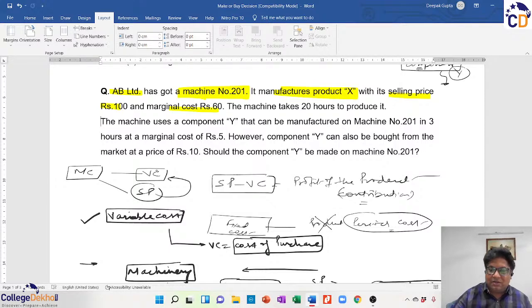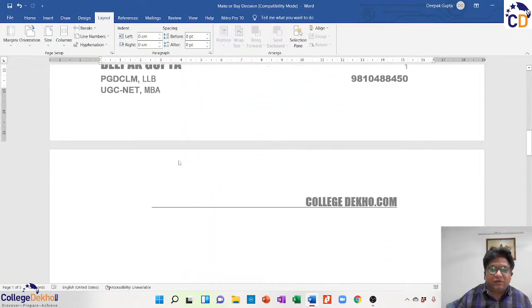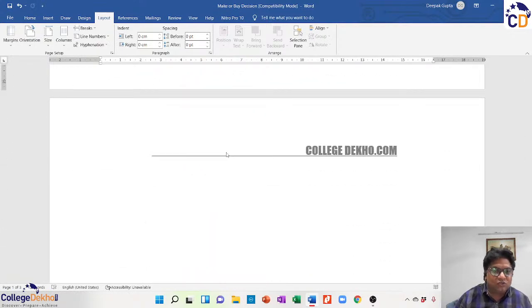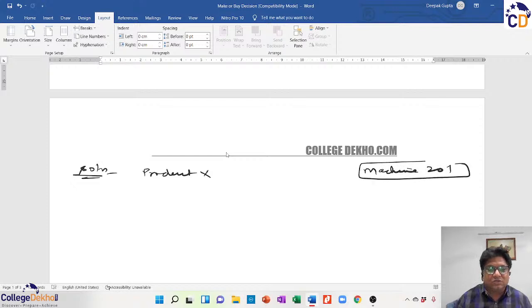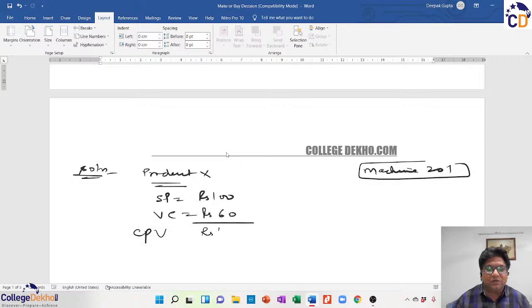If I create the solution for the question, the product X, which is currently being produced on machine number 201, has a selling price of ₹100 and its variable cost per unit is ₹60. So at the moment the contribution per unit is ₹40 per unit of X.